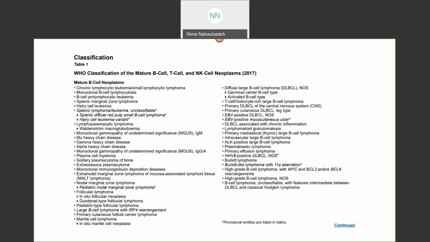There's basically a whole constellation of lymphoma subtypes, and you can see this WHO classification, quite exhaustive. It's a very heterogeneous disease, and identifying specific subtypes is important because it dictates treatment and prognosis.